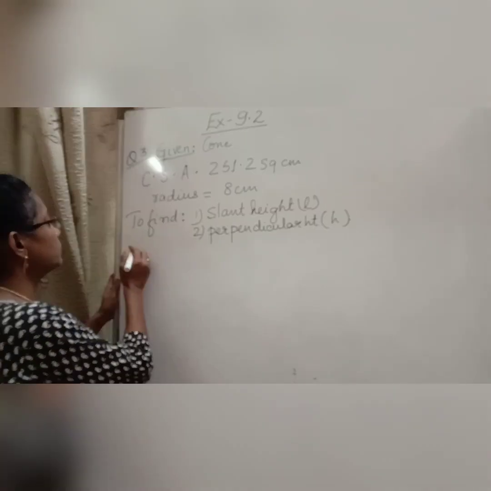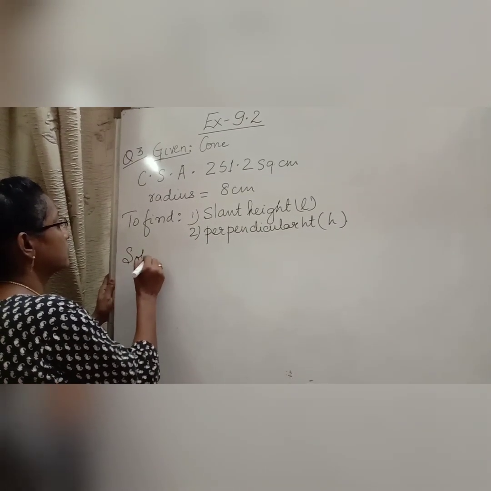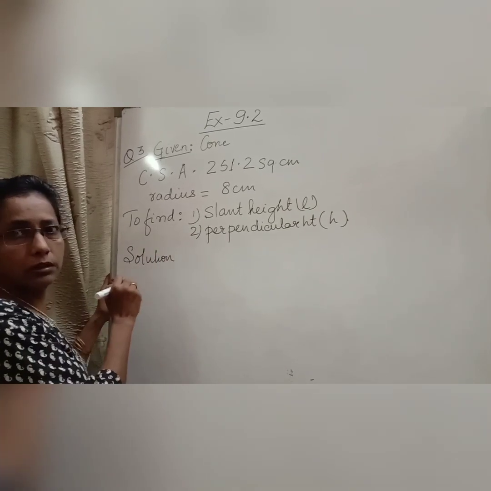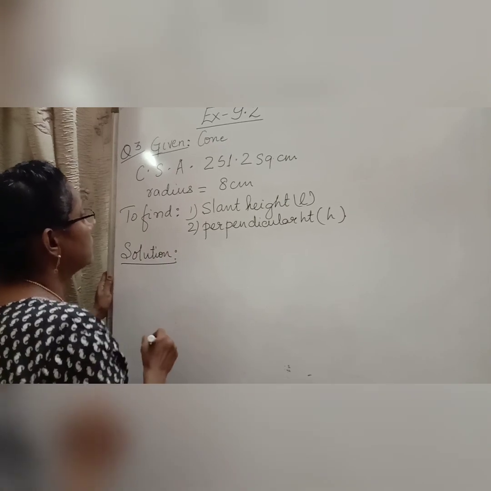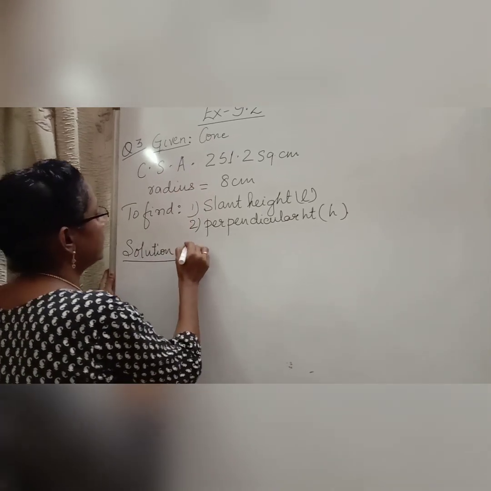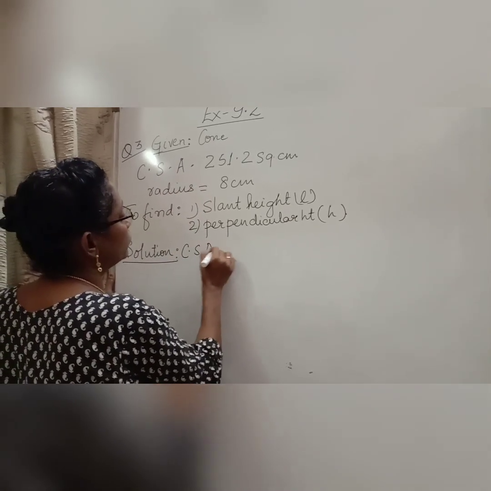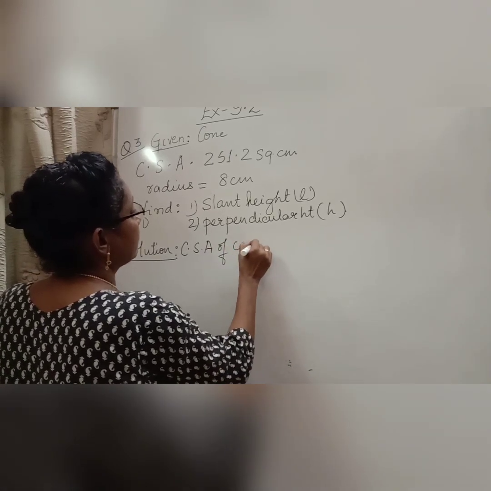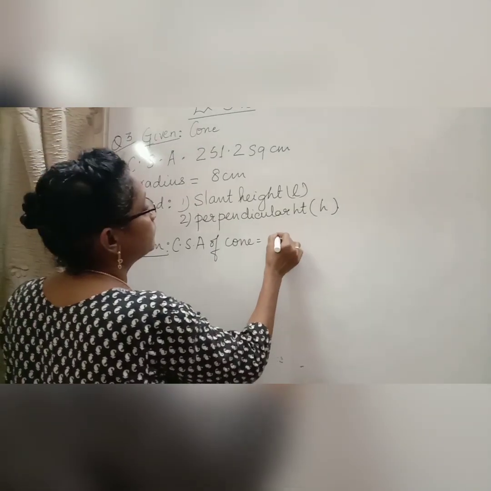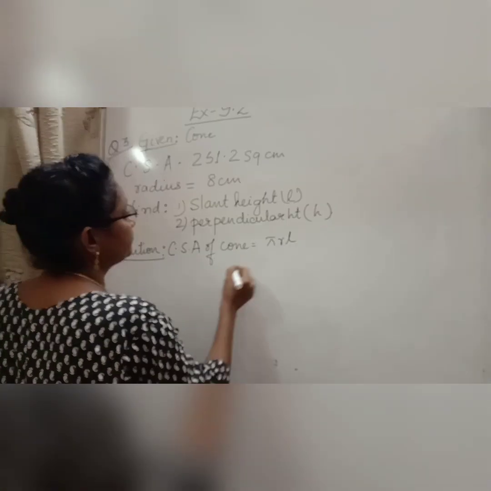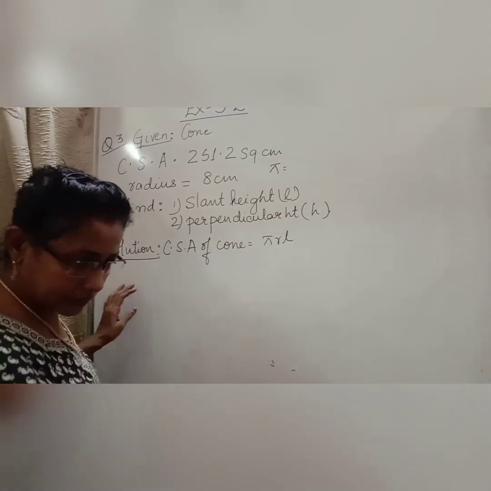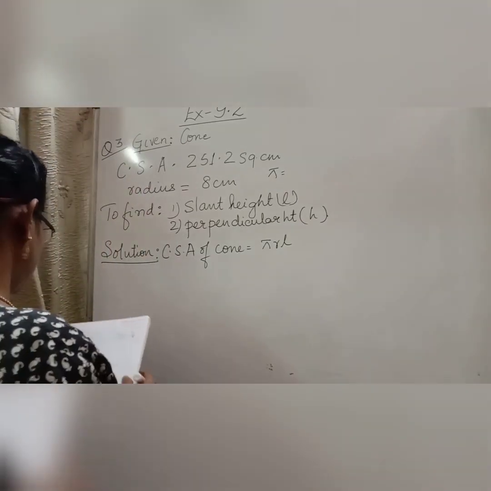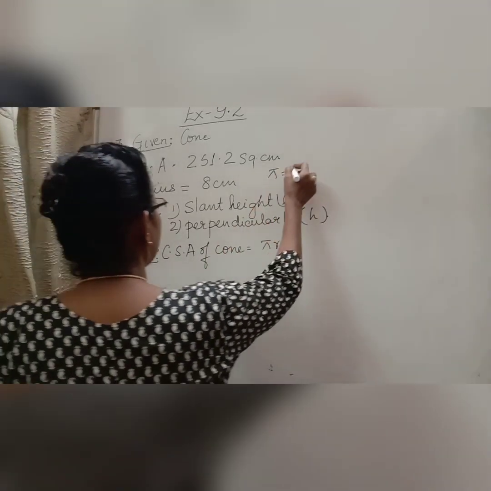So we will start the solutions. So we will write the formula of curved surface area. Curved surface area of cone is equal to pi r L. Pi is given as 3.14.